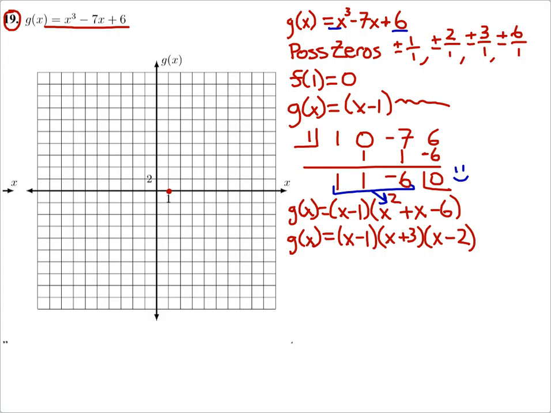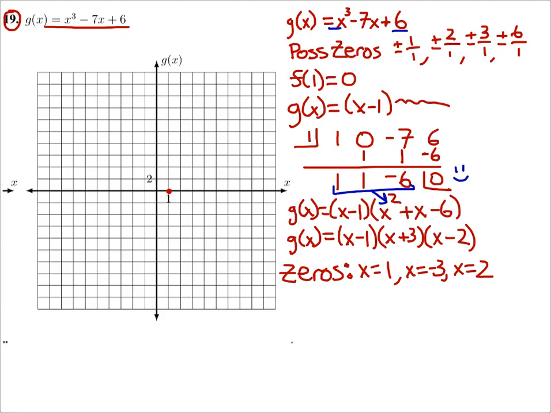So boom, we are totally in business, right? We know the zeros, the actual zeros, are at x equals 1, x equals negative 3, and x equals 2. Each of those comes from the factors.